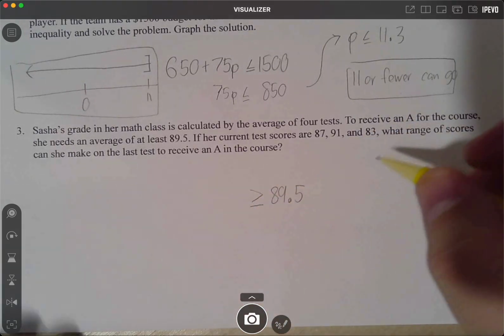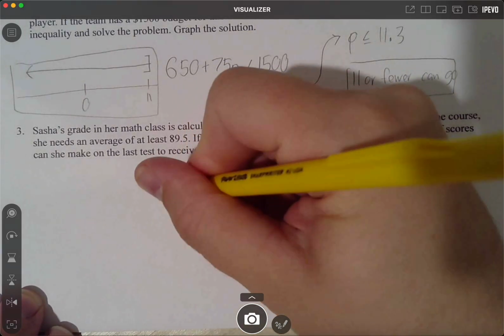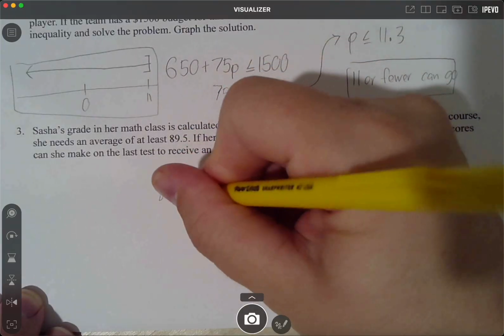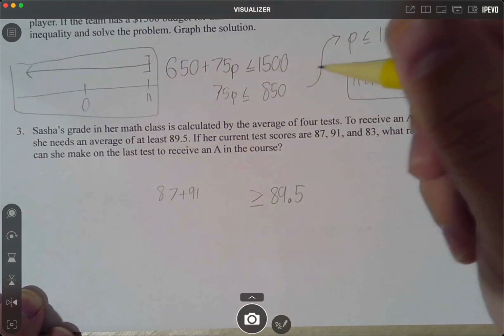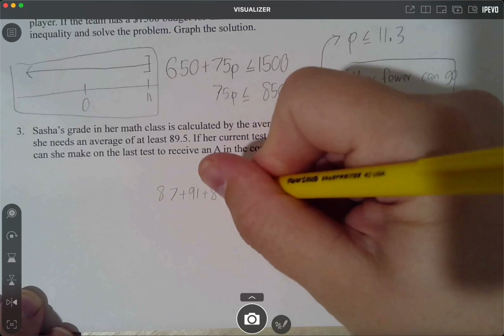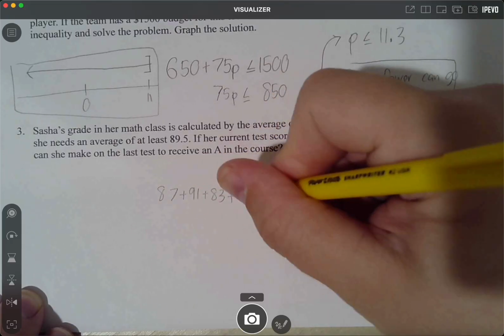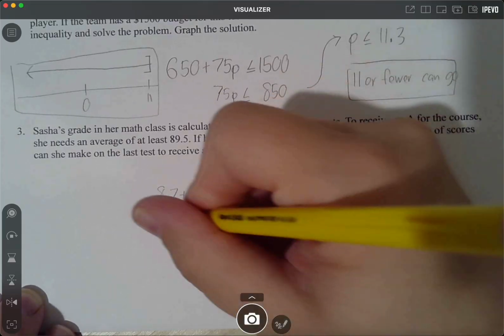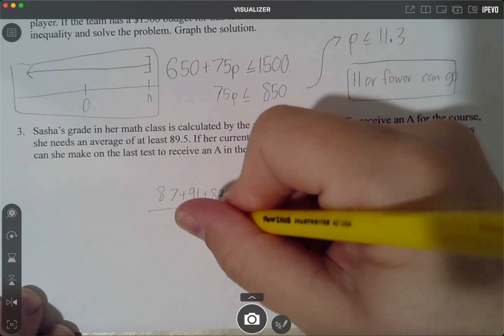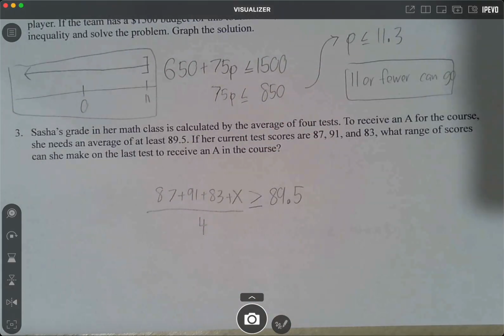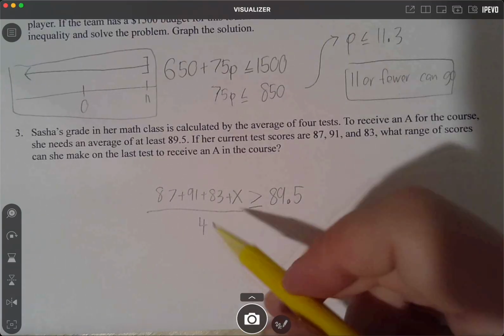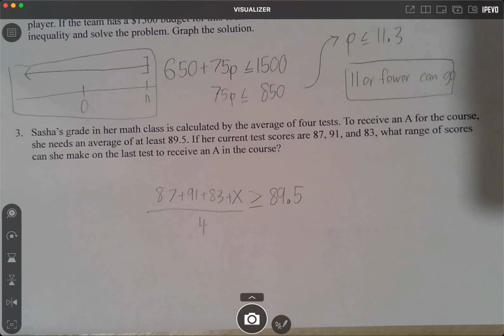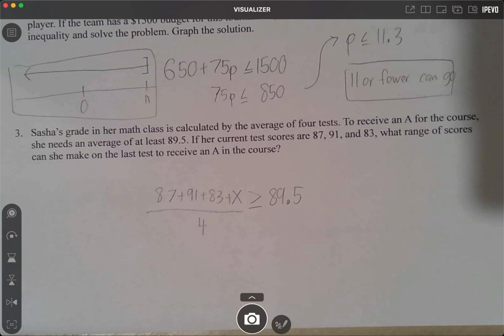How do we find an average? Well, an average is every value, 87 plus the 91 plus the 83, and here's the trick, plus the score I don't know yet, all over the amount of exams I will take, which is 4, because at some point I will take the 4th exam, and so I will be dividing by 4. I just don't know what that 4th score is yet.